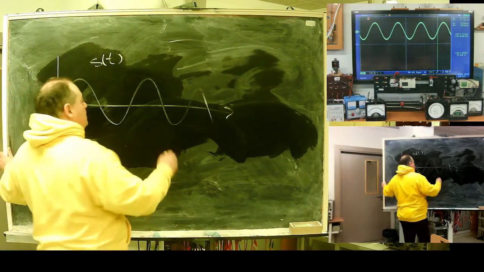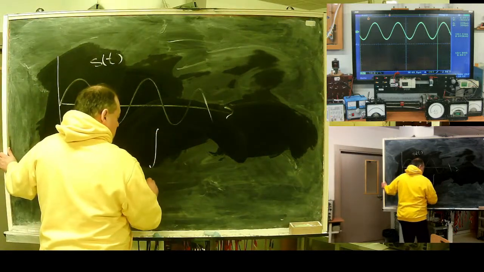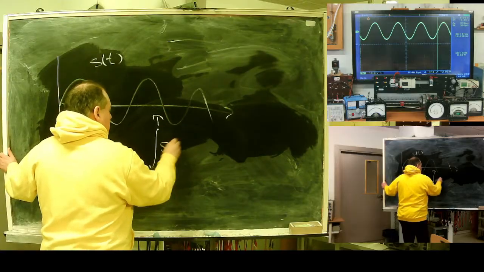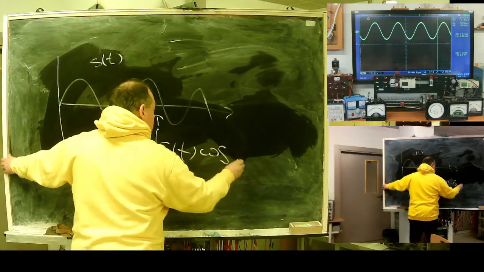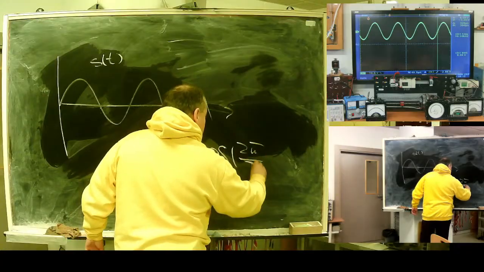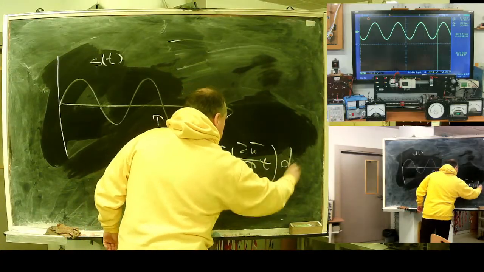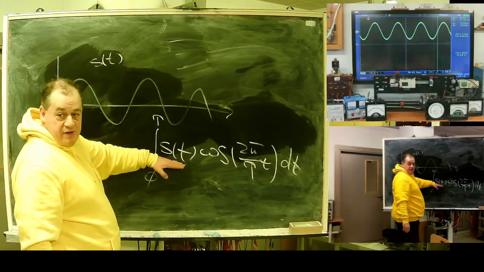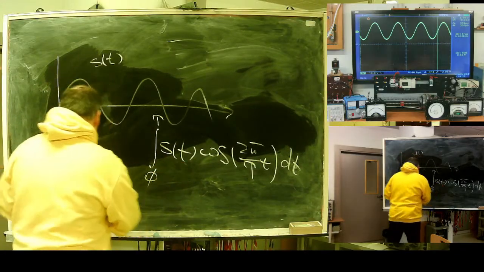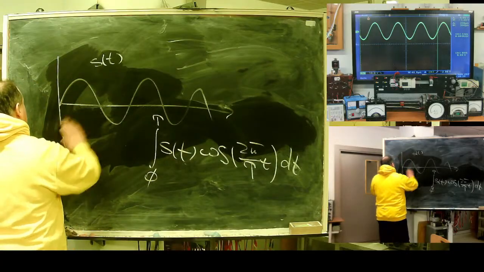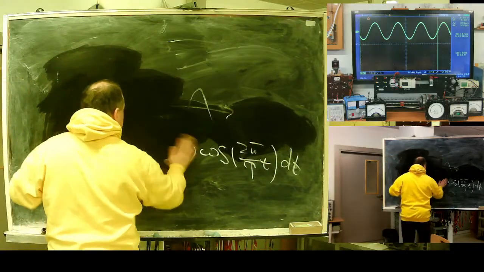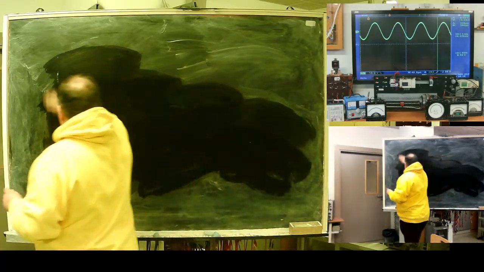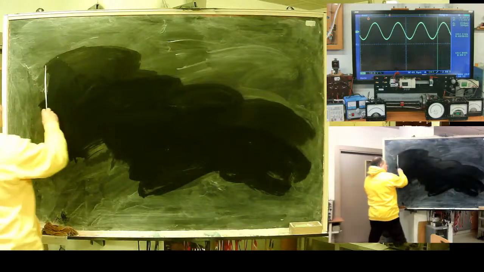Key moment, I need to obtain from 0 to time the integral of signal times cosine. In physical meaning, it will be the area of some figure. I don't know how it will look.